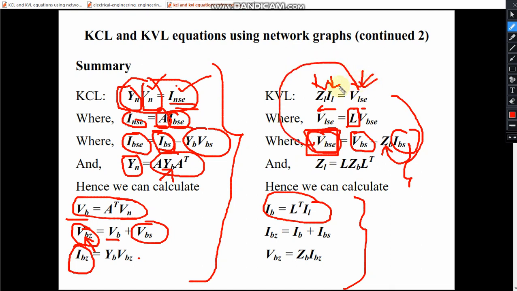Now how to find out ZL? Very similar to this, instead of A, now we have L. The primitive impedance matrix is there, and L and LT have to be multiplied with it, and this is nothing but the loop impedance matrix, or mesh impedance matrix.